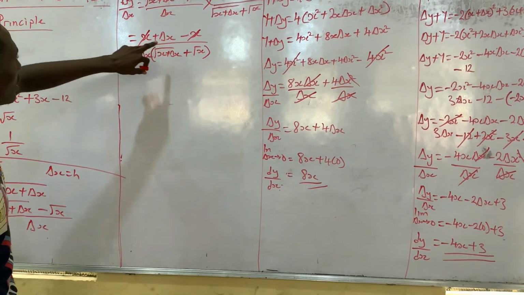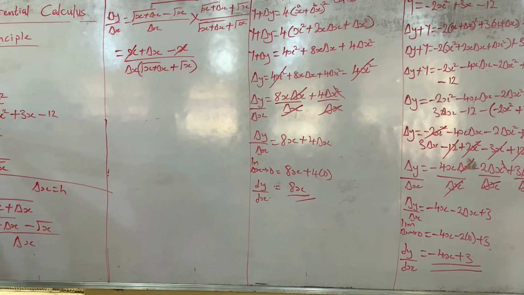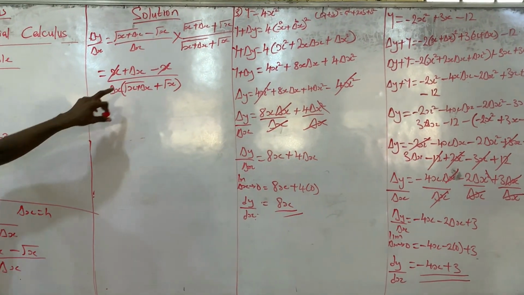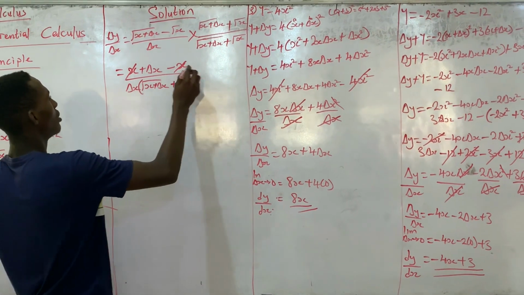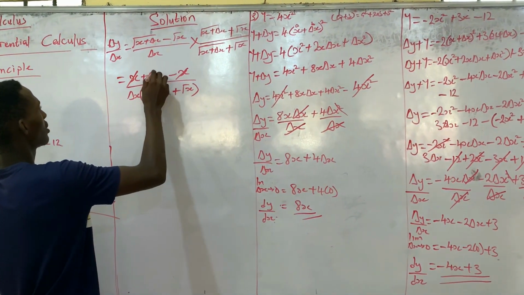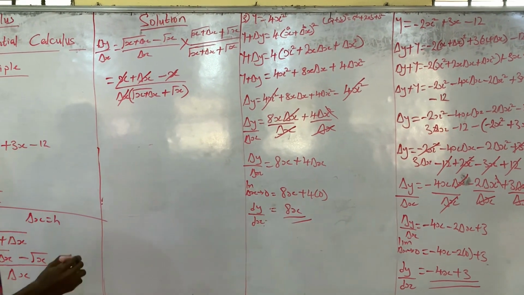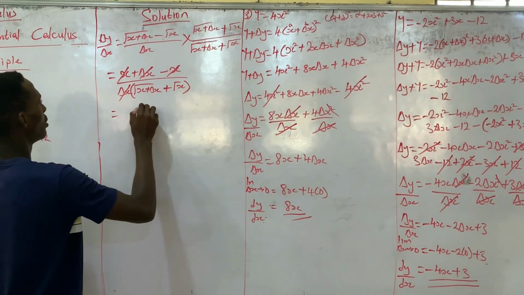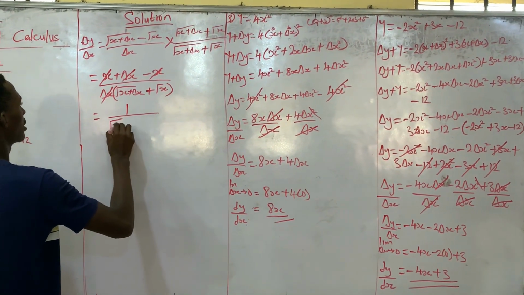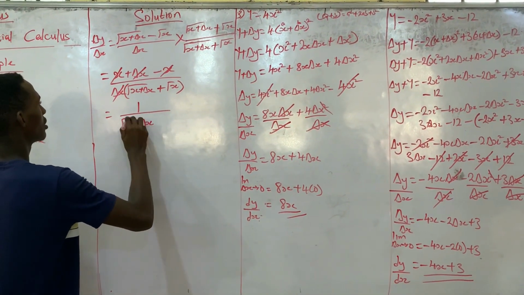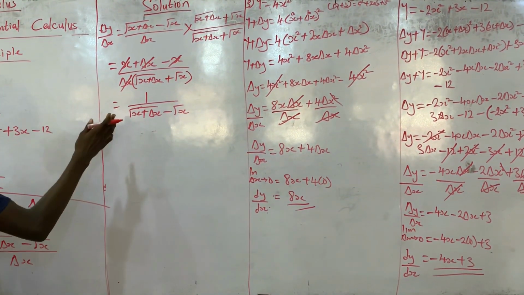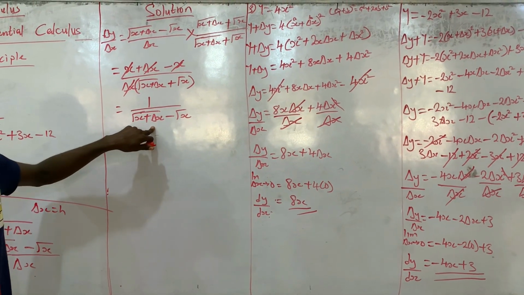Once this has cancelled out, then what can we do? We divide through by change in x. If you multiply everything by 1 over change in x, then these two will cancel out each other. So therefore, our left equals 1 over root x plus change in x plus root x. Now remember, you have to get rid of our change in x, right?